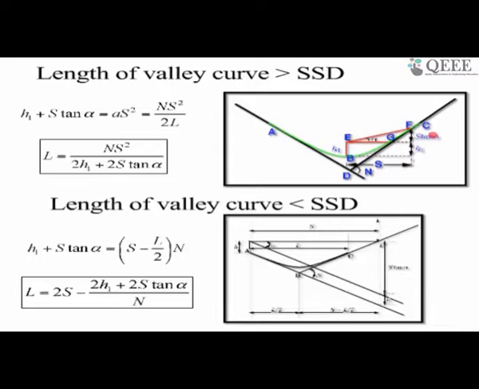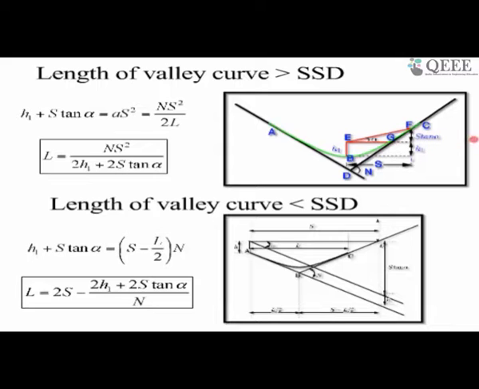If we know this alpha angle, which we generally know from the manufacturer specification, and is generally close to 1 degree or 2 degrees, mainly 1 degree, then we can easily find out what is the length.